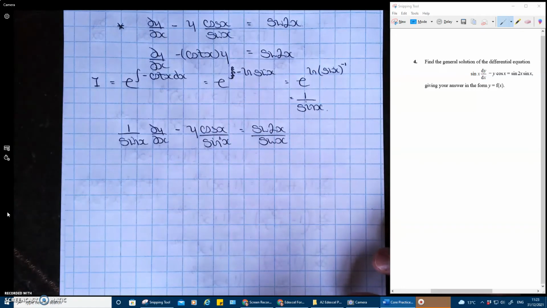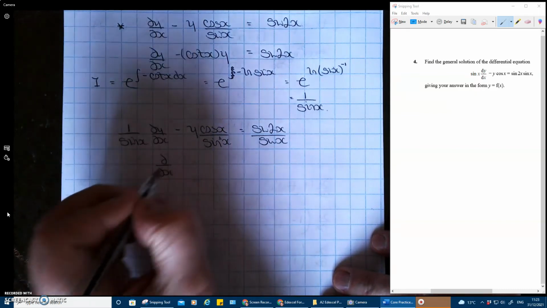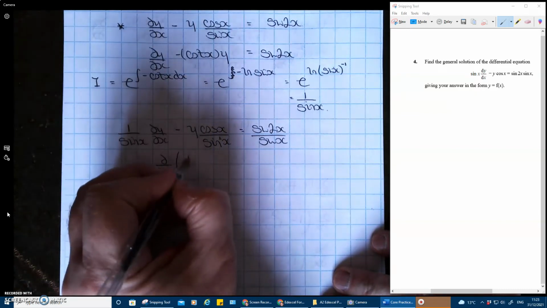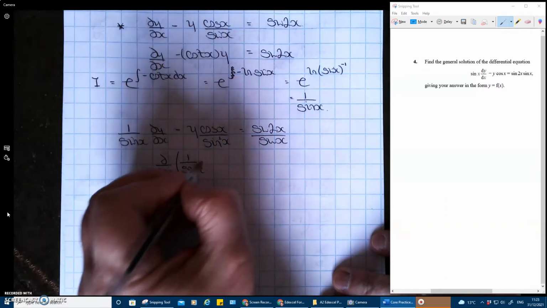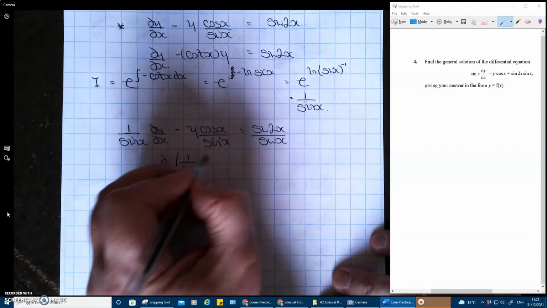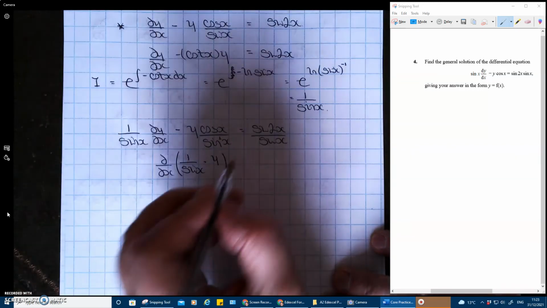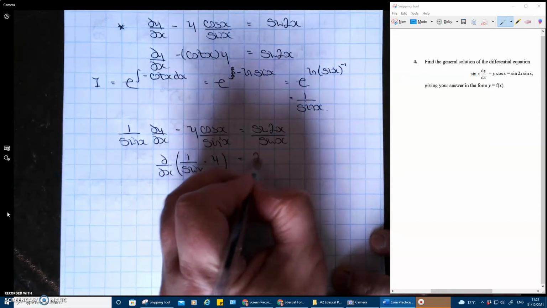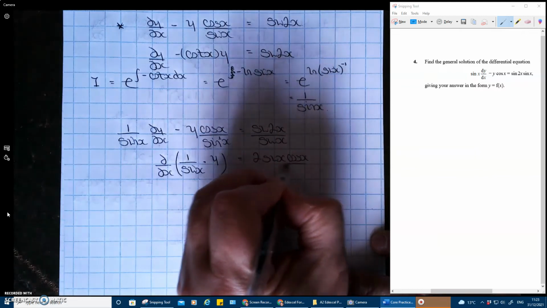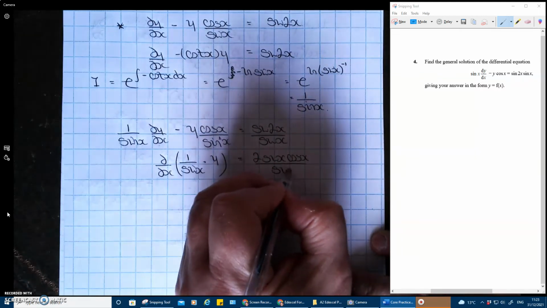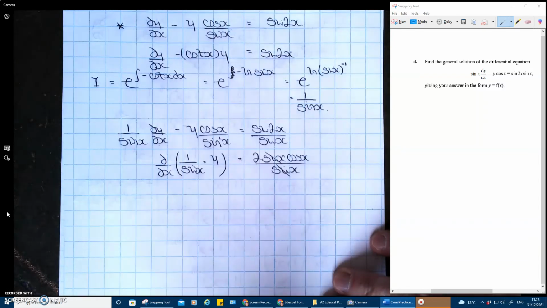Now the left hand side we know is going to be the differential every time of the integrating factor, which is 1 over sine x times y. Right, every time, I times y. And the right hand side we know is 2 sine x cos x over sine x using the double angle formula. Okay, so we know that will leave us with 2 cos x.